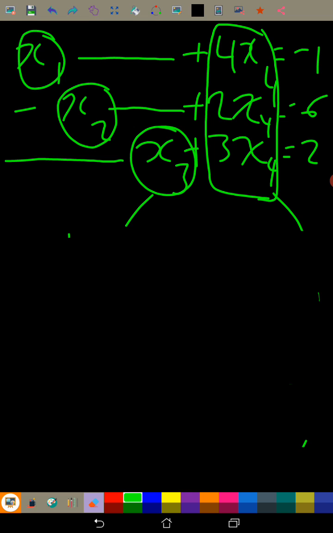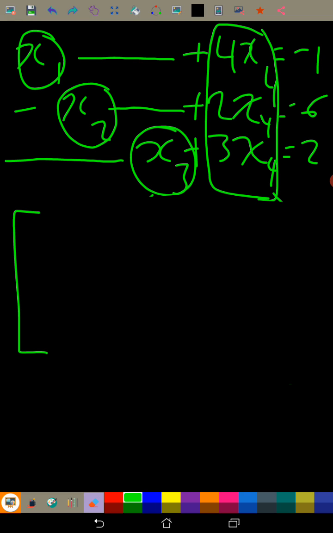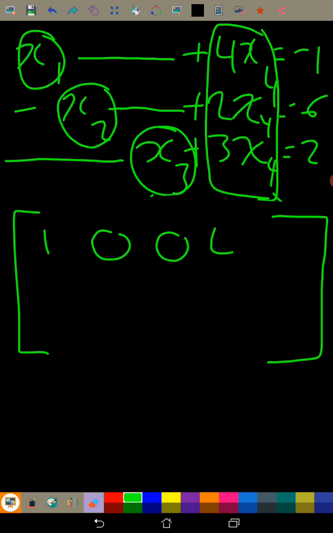And so let's see. How do I read this? So I can rewrite it in a matrix. So how will this look in a matrix? It's going to be 1, 0, 0, 4, -1, and 0, 1, 0, 2, 6.